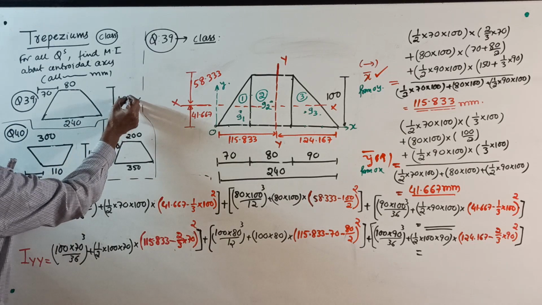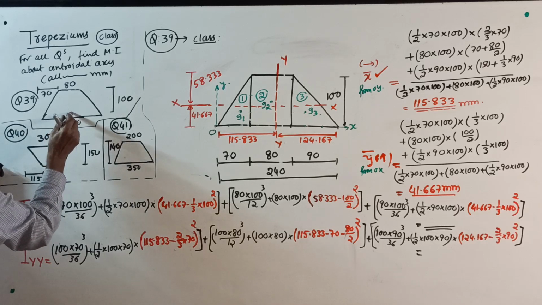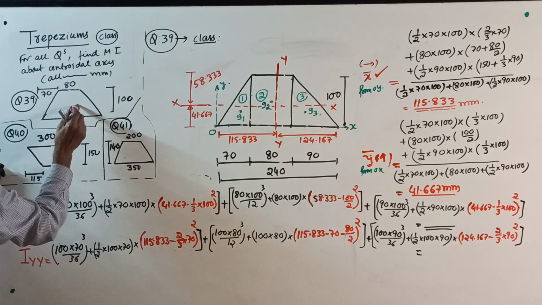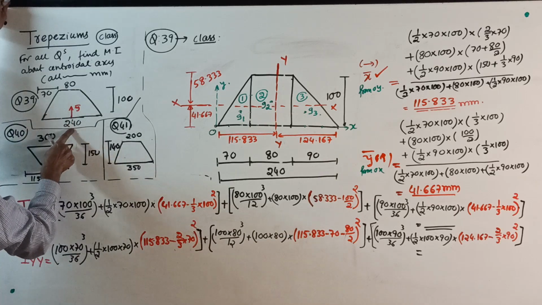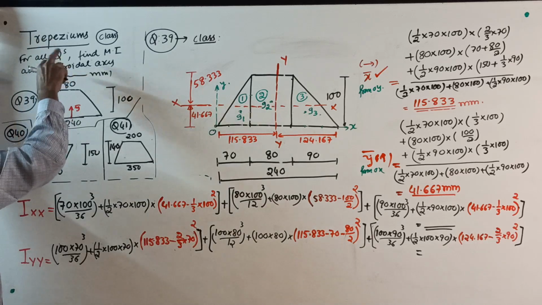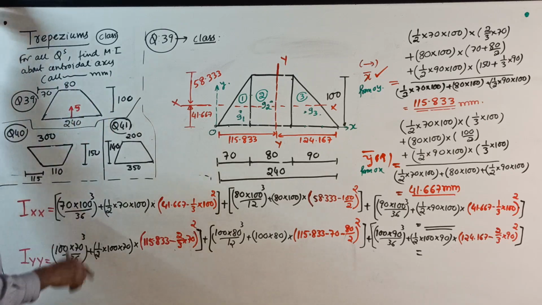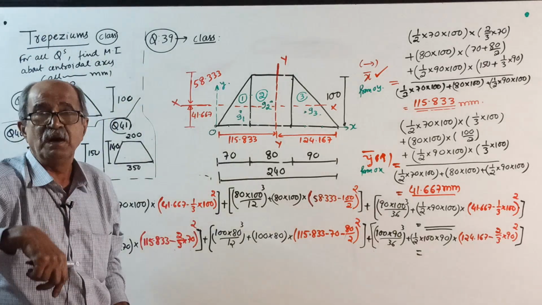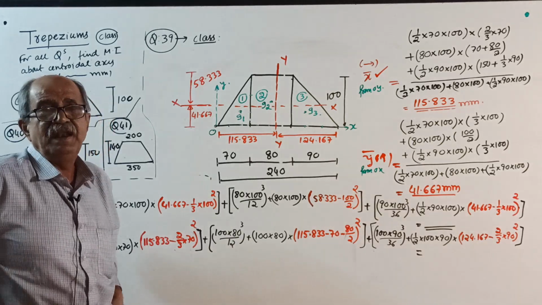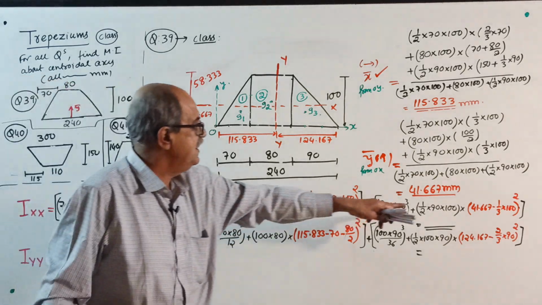So the centroid for the trapezium, direct formula is there for y bar. Y bar equal to 240 plus twice of 80 divided by 240 plus 80, into 100 by 3, without dividing into parts. Go back earlier, study and come back. That's all. I won't explain now. It is told more than 100 times earlier. So you will get same y bar.